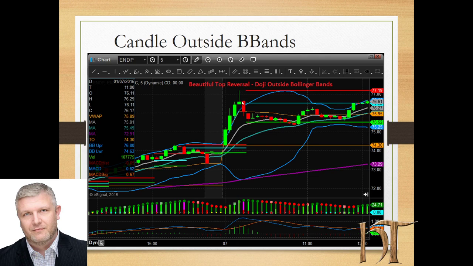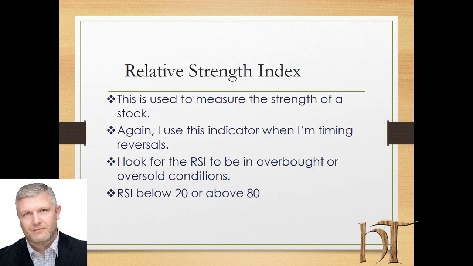Candles outside the Bollinger Band is the overbought confirmation, so we don't need any additional confirmation. But it's helpful to get some of that confirmation, if you will, and use our scanners and signals in conjunction with the technical indicators.